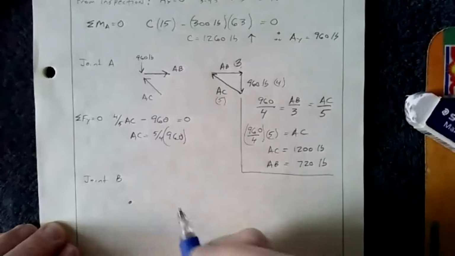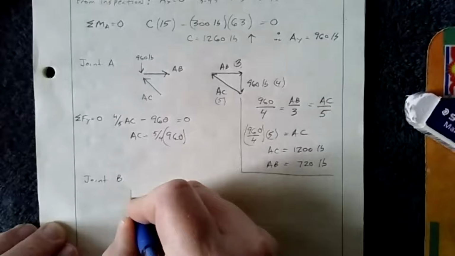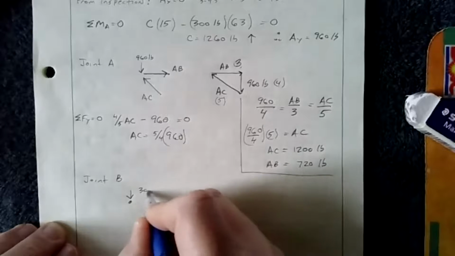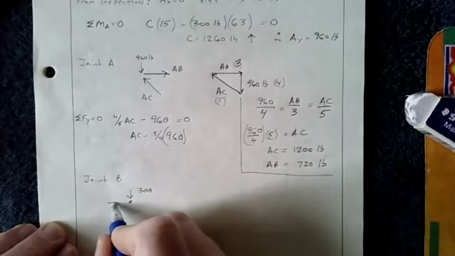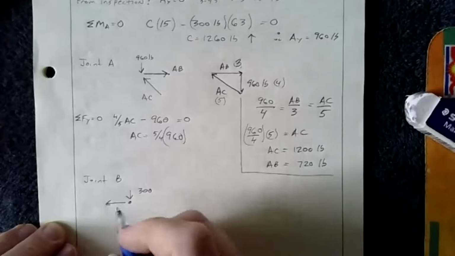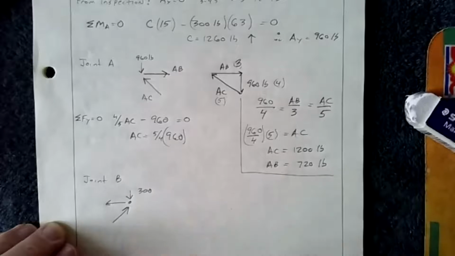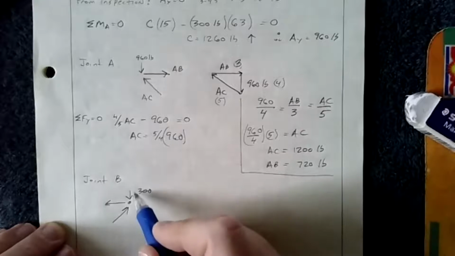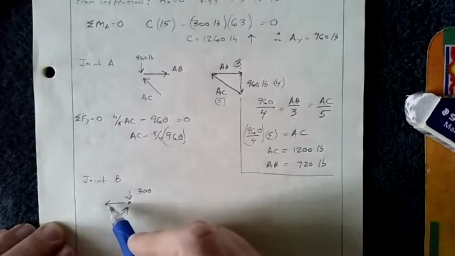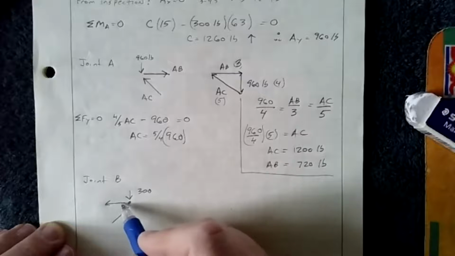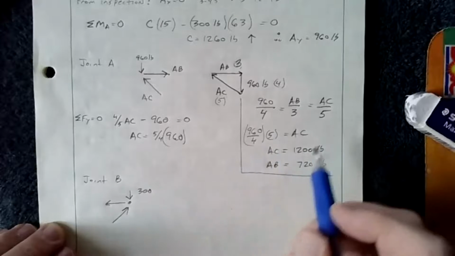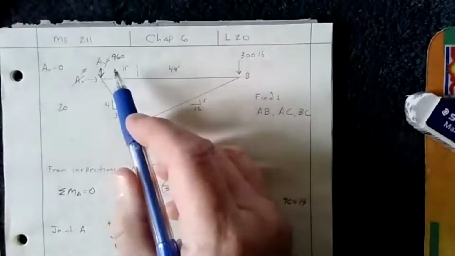If we draw B, and if this helps you, we know there's a force going down, that's 300. We know that this is going this way, and that's going that way. Since that's going down, we know that has to go up, therefore that has to go left. Now, we already know that that's tension. We learned that up here.